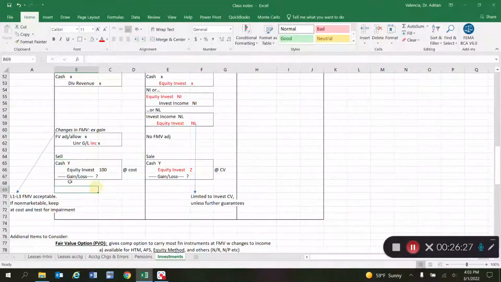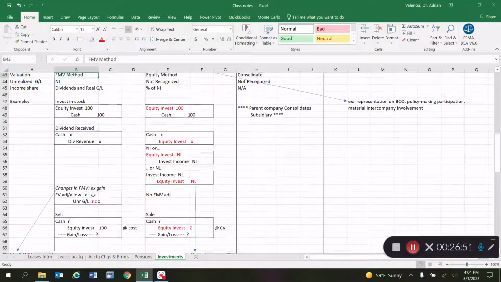So you will record the sale, take out the equity investment at cost, and not worry about this adjustment account for that particular transaction, because this adjustment account will be dealt with on a portfolio basis with all the other instruments that you hold. So it makes it easier, honestly, when we do that.